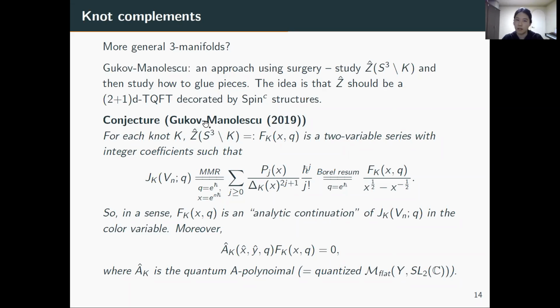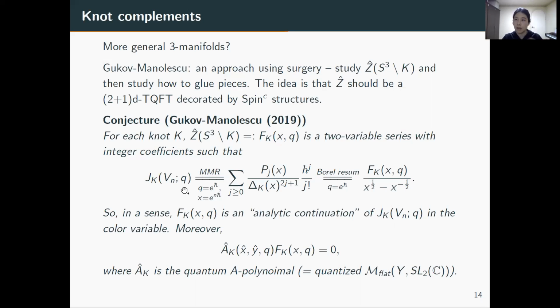They conjecture that for each knot K in S^3, Z-hat for the knot complement, which they denote by F_K(x,q), is a two-variable series with integer coefficients such that, up to some normalization, if you set q to be e^ħ and expand it into a power series in ħ, then the resulting power series is the same as that of the colored Jones polynomials when you set q to be e^ħ and x to be e^{nħ}.